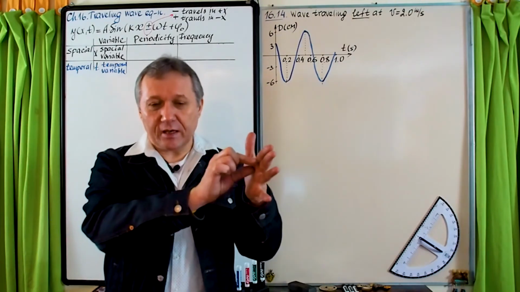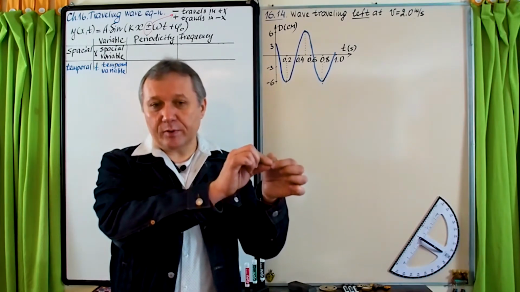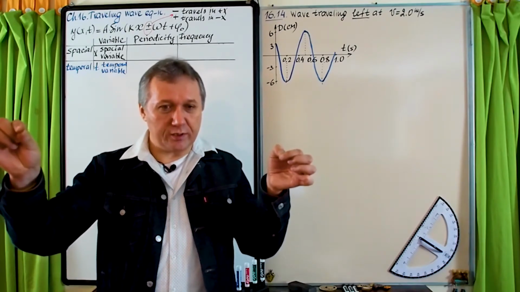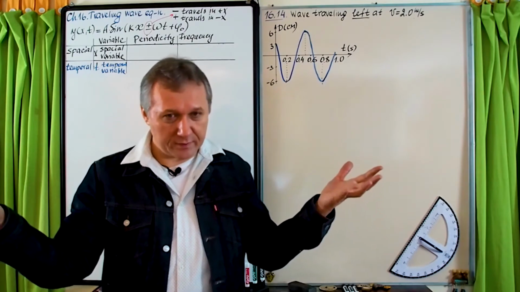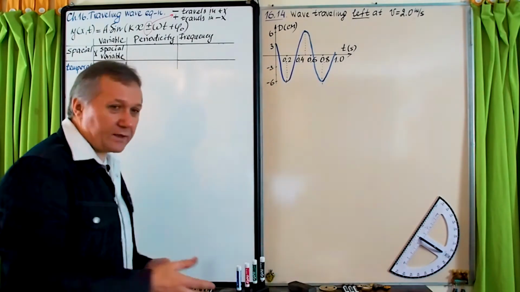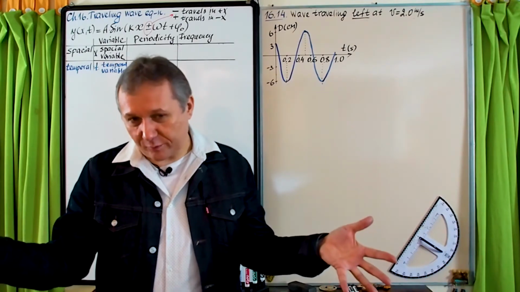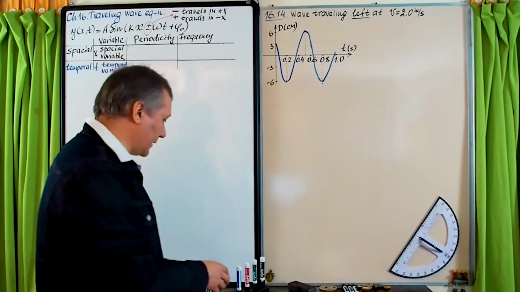For example, let's say at this point in space, the wave is at equilibrium, then goes to maximum, then minimum, and then again to the equilibrium. So this distance is the wavelength, right? Wavelength is basically a distance, in units of meters or centimeters, over which the wave reproduces itself.